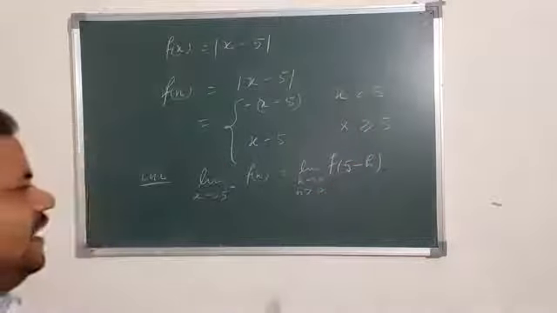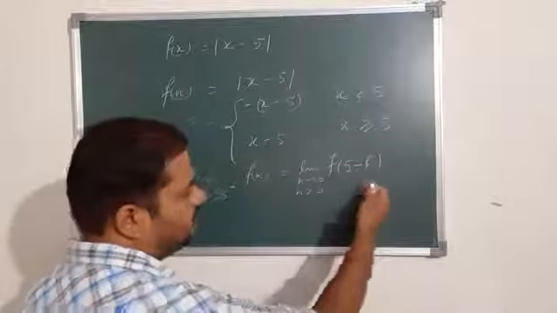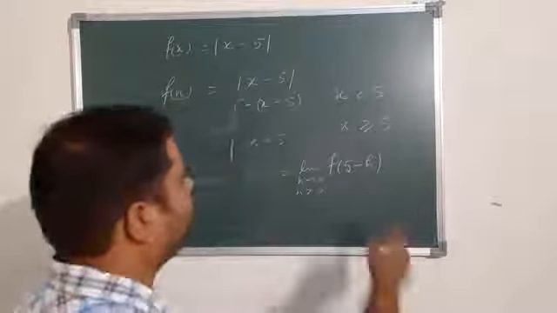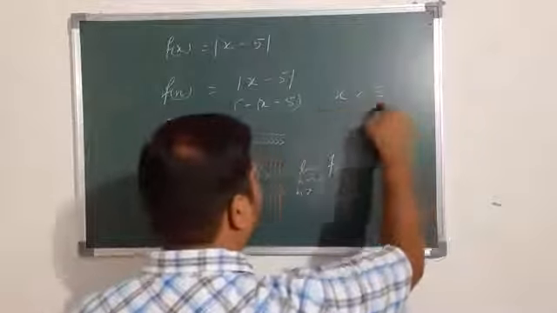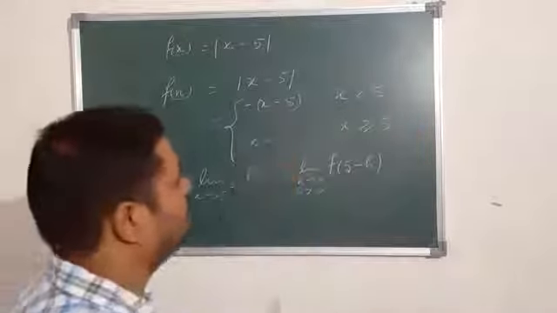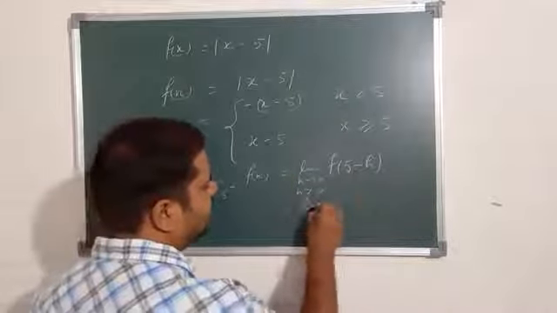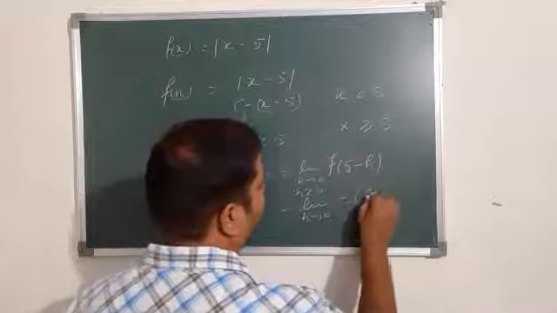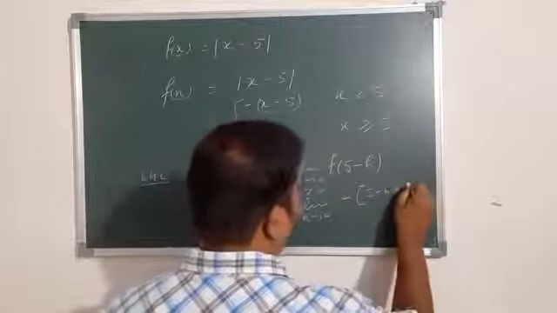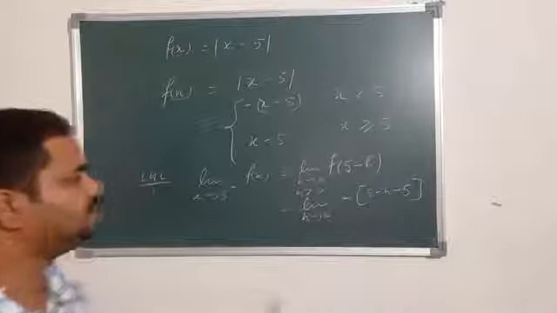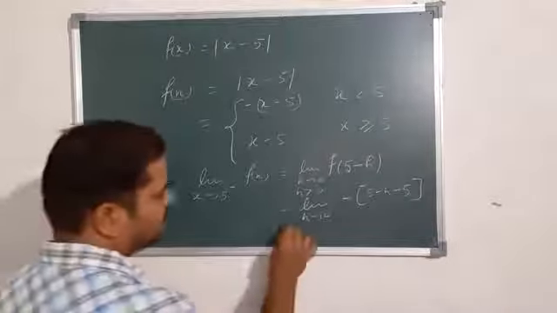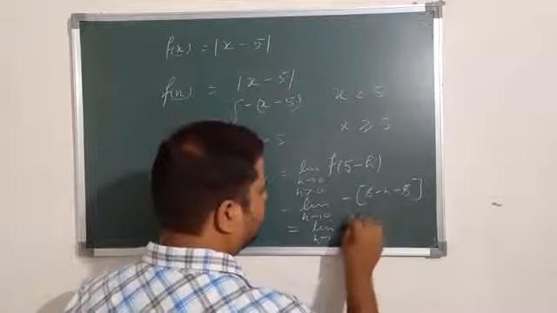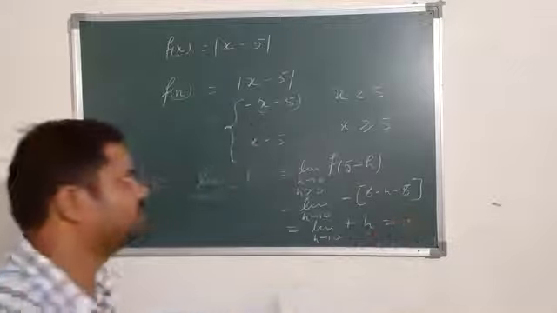Since h is greater than 0, the quantity 5 minus h is less than 5. So for less than 5, the function is defined as minus of (x minus 5). So we can write here limit h tends to 0 of minus of (5 minus h minus 5). So this becomes limit h tends to 0 of 5 cancels, plus h, this is 0.